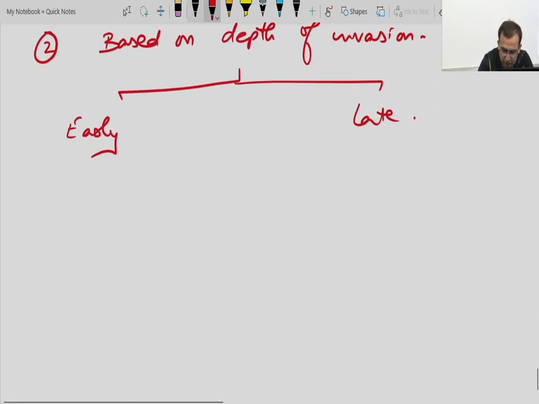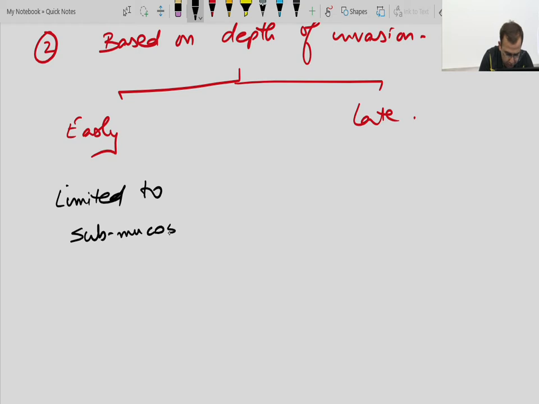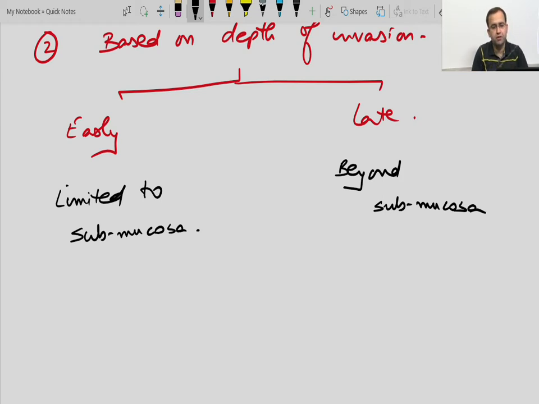Early gastric cancer is limited to the submucosa, whereas late gastric cancer goes beyond the submucosa.